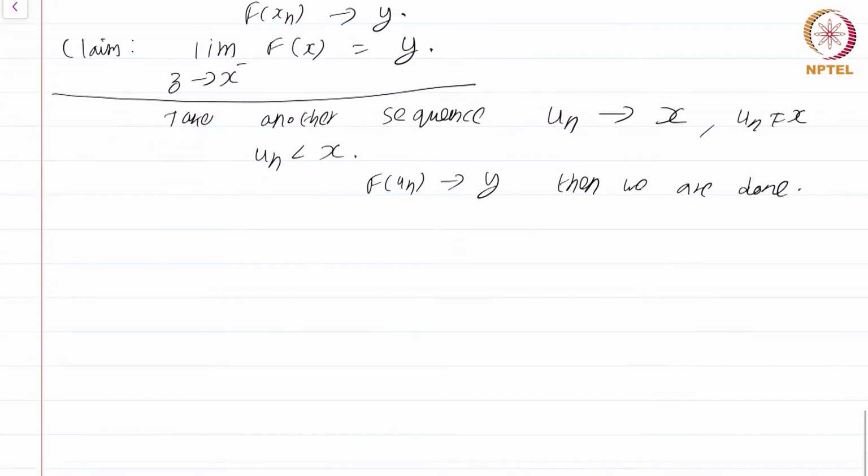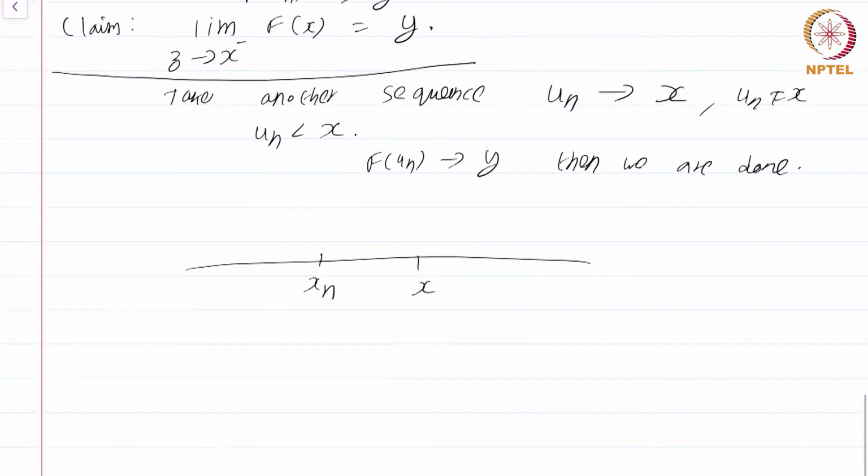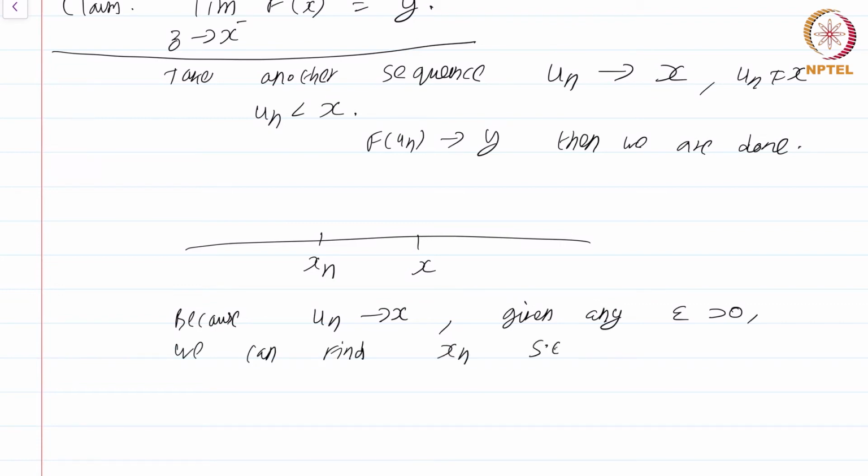Well, think about what is happening. We have this point x and we have this sequence xn. Now, because xn converges to x, given any epsilon greater than 0, we can find capital N such that two things happen.